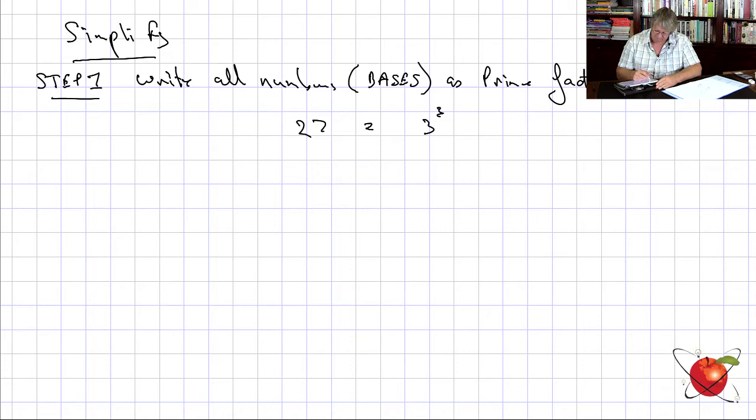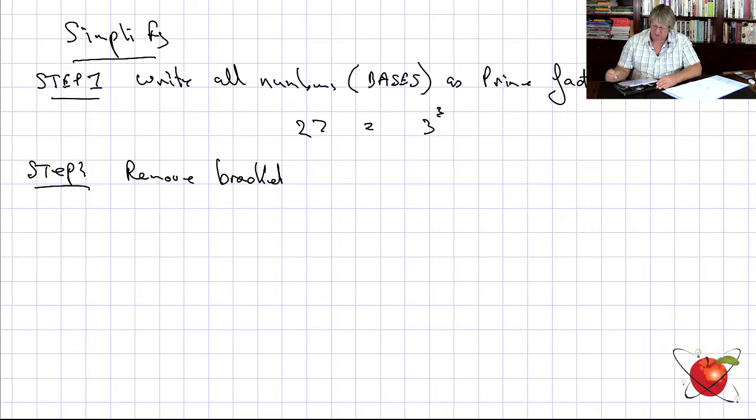Step 2: we're going to remove the brackets. You'll see exactly what I mean now. We've got stuff in brackets. It could be 3 to the power of 3, and we could have x plus 2 on the outside. Remove these brackets, remembering that a bracket means times.